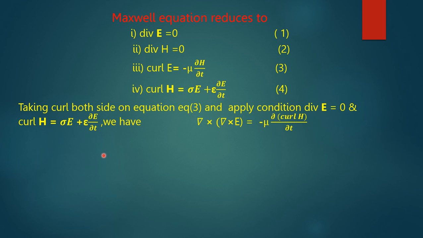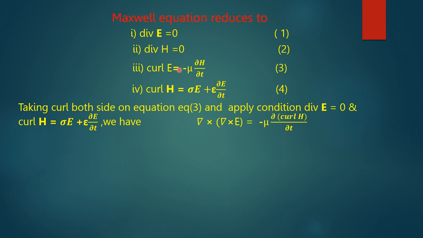To find the field equation, we take curl on both sides of equation 3 and substitute divergence E is equal to 0 and curl H is equal to sigma E plus epsilon del E by del t.